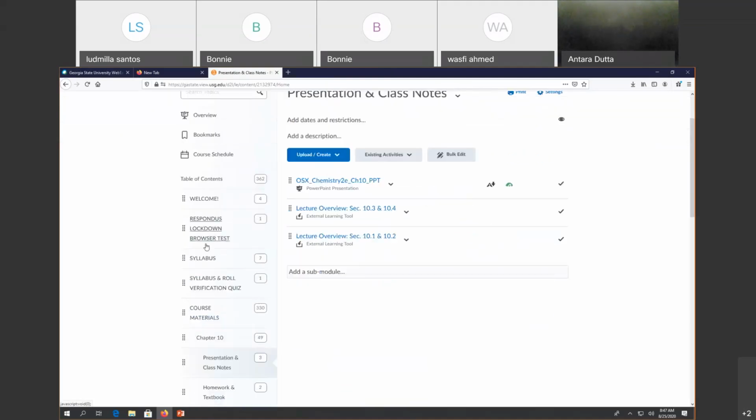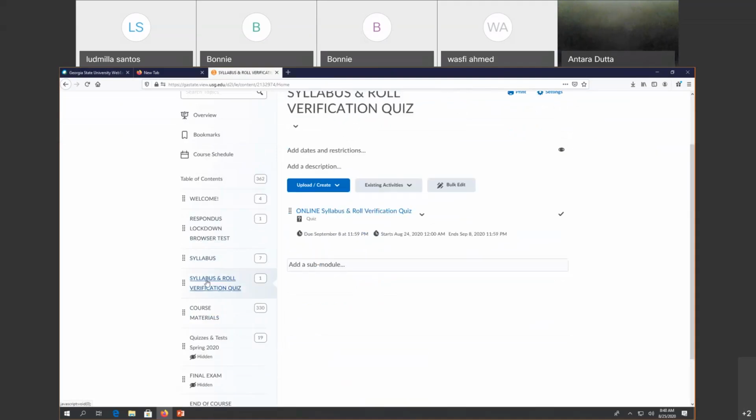And then another thing, after you read the syllabus, you have to take the role verification quiz. Since I'm not seeing you all every day, every week, that's why we have this syllabus role verification quiz. This is the only way I can check your attendance.